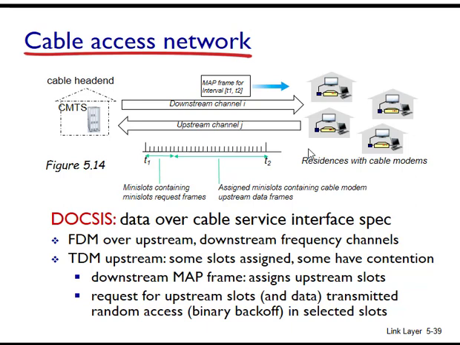A cable access network serves as a terrific example of multiple access protocols in action: frequency division multiplexing, time division multiplexing, random access, and centrally allocated time slots, all within one network.